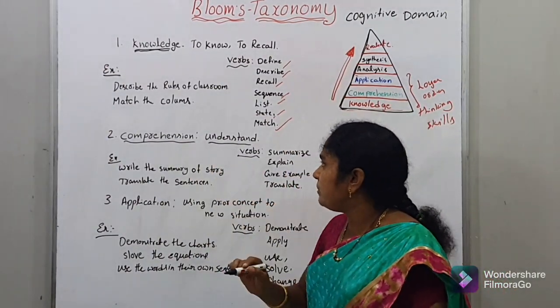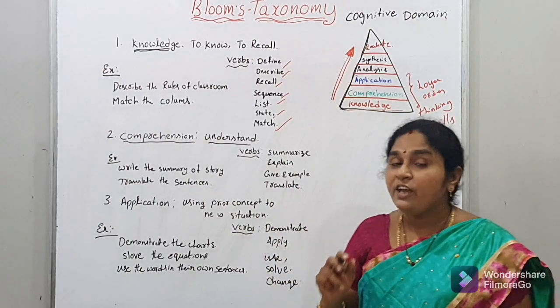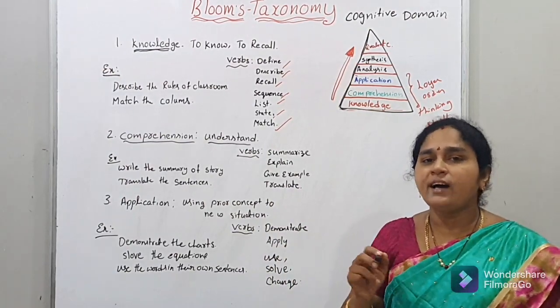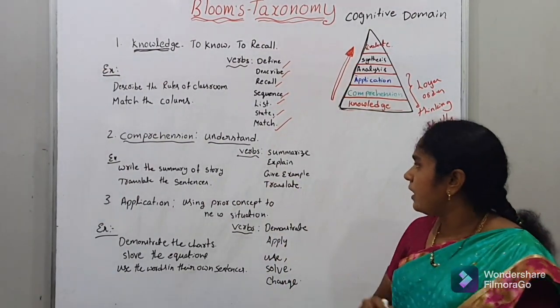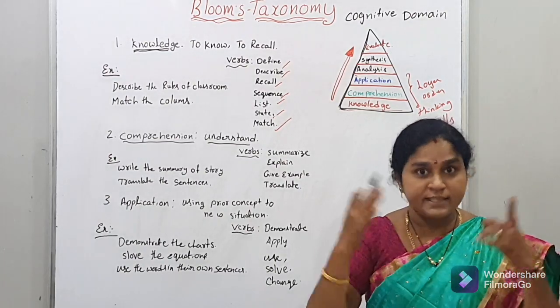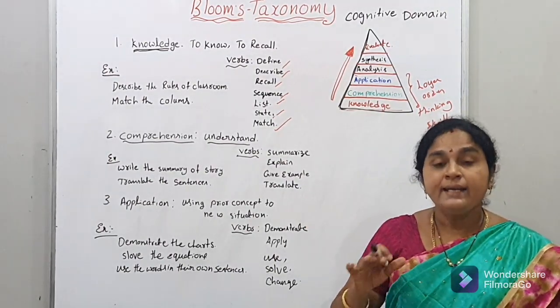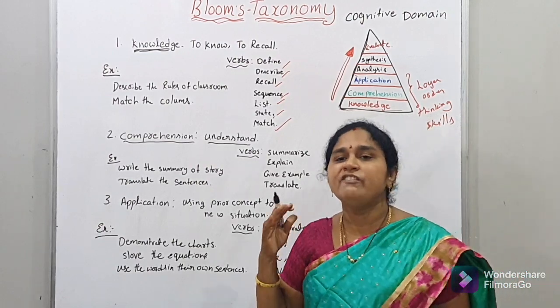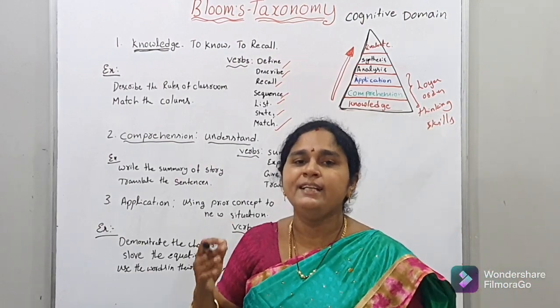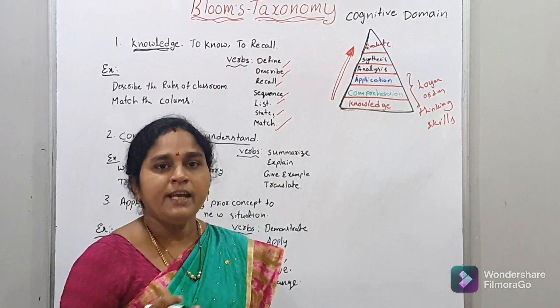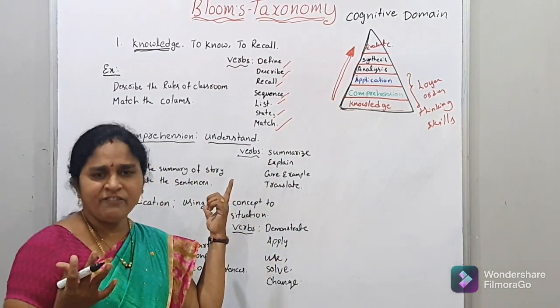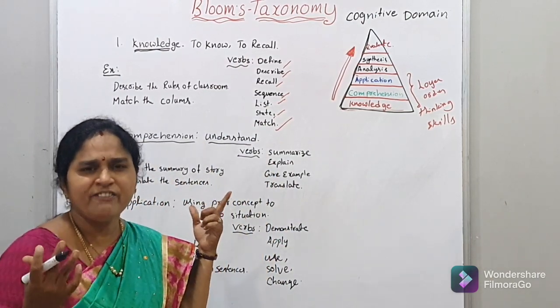Comprehension means understand. In comprehension, the verbs are summarize, explain, give example, and translate. These are the verbs we use in comprehension. In the knowledge level, we use verbs like define, describe.